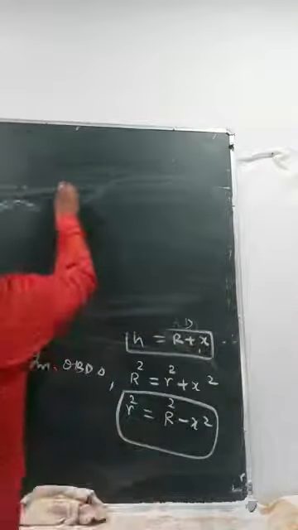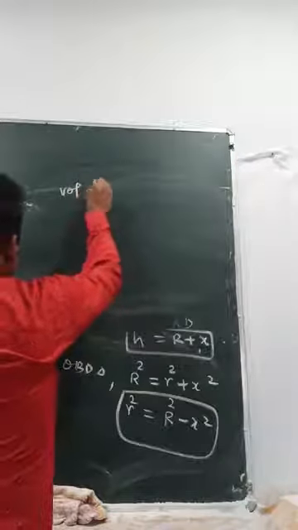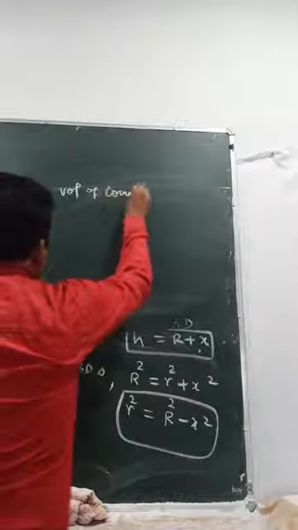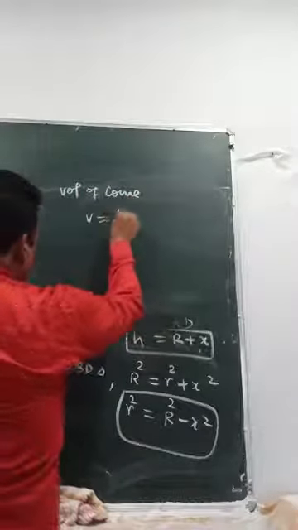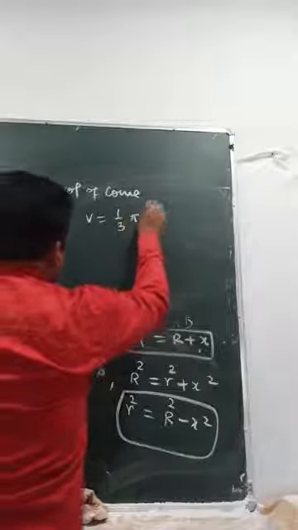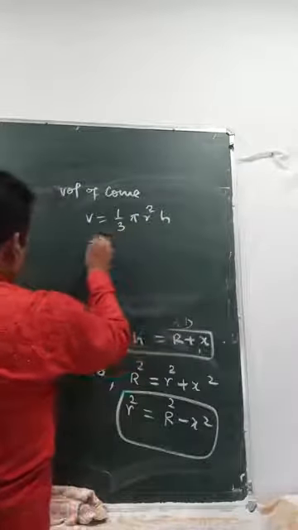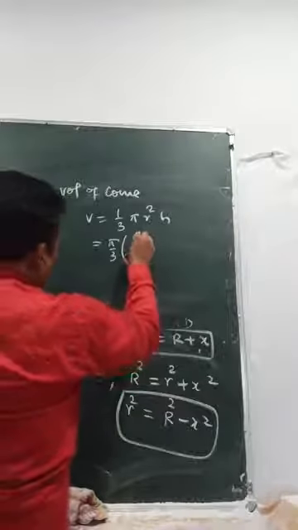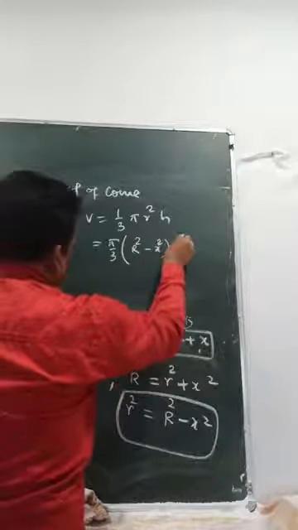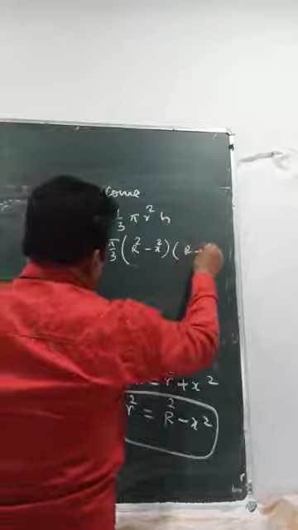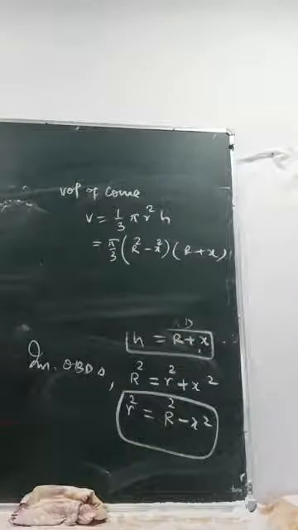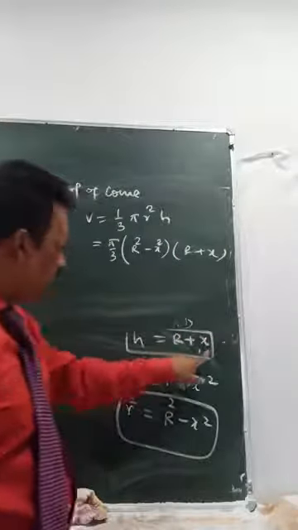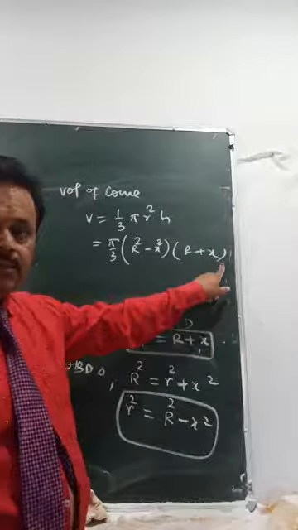Look at volume of cone. V equals to 1/3 pi r square h. That is pi by 3. This is R square minus x square. H is R plus x. Okay, because h is R plus x. Look at here, which one is constant? You have to observe.